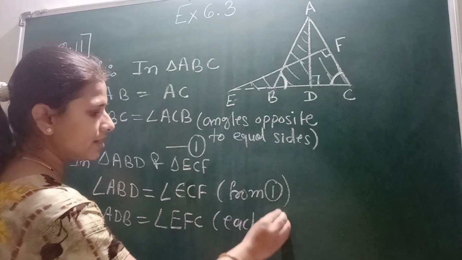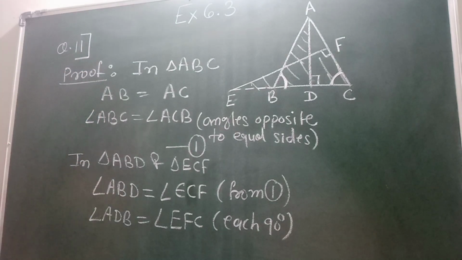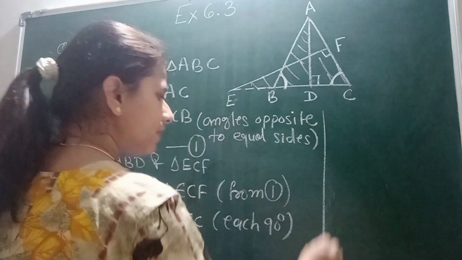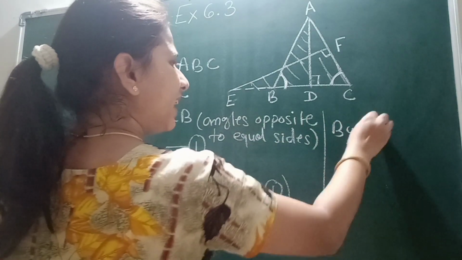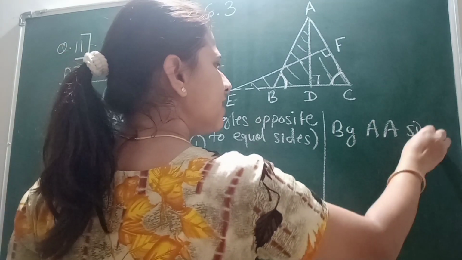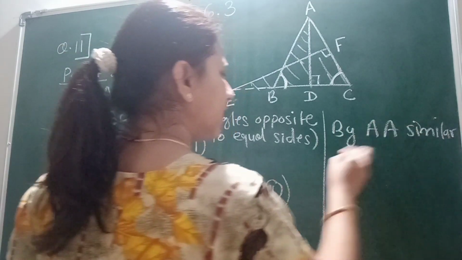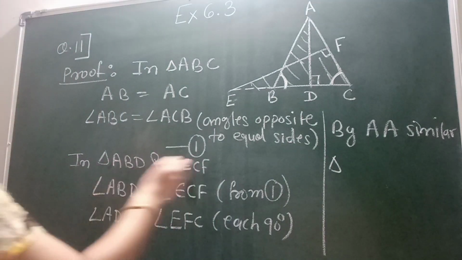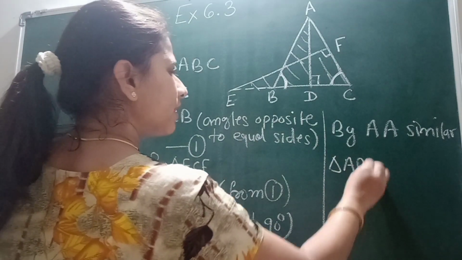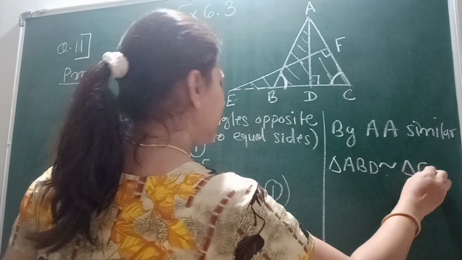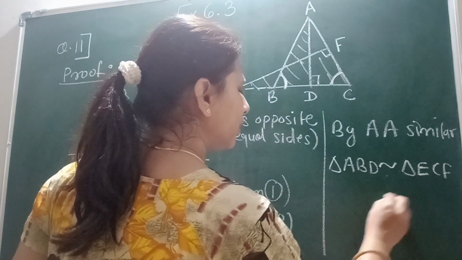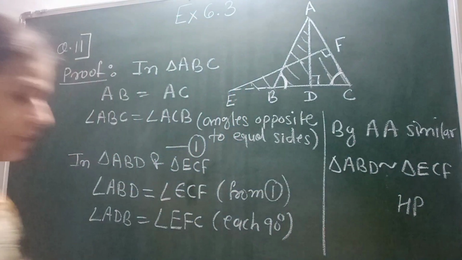Because each angle is equal to 90 degrees. So by which property will they be similar? By AA similarity, triangle ABD is similar to triangle ECF. Okay, hence proved what we had to prove.